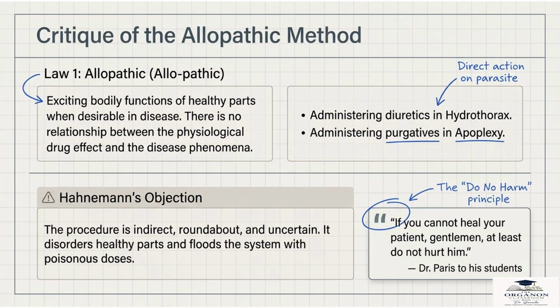Okay, so the word allopathy comes from allo meaning other or different, and pathos meaning suffering or the disease. ठीक है? In other words, the medicine does not produce effects similar to the disease. Instead, it acts on some other healthy part or function of the body.